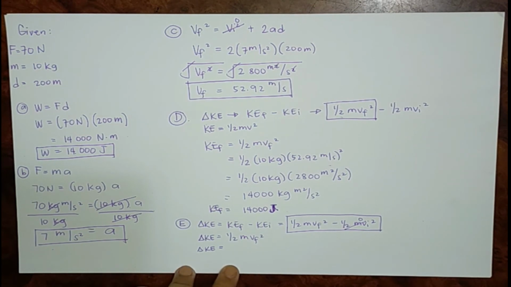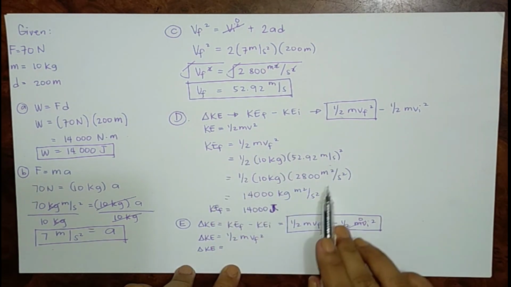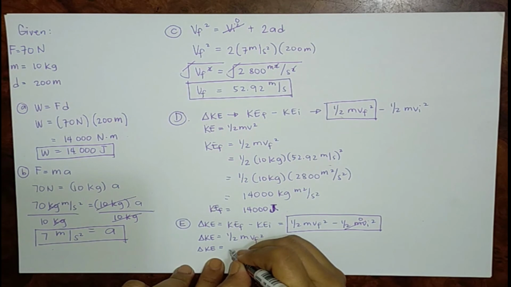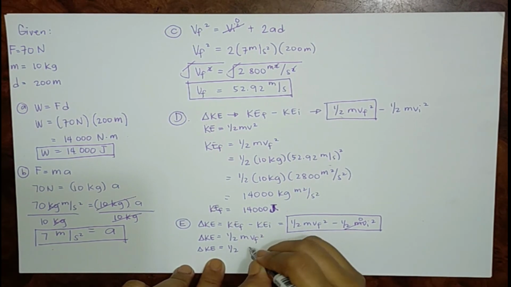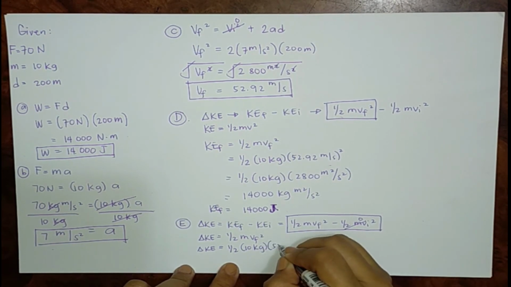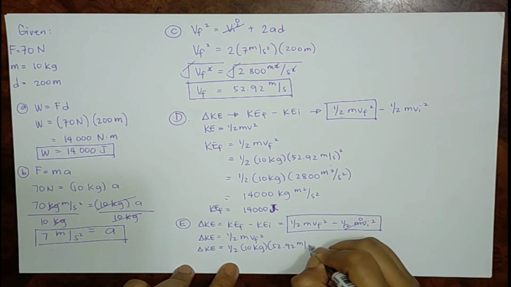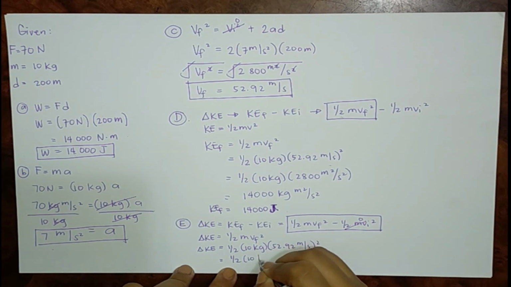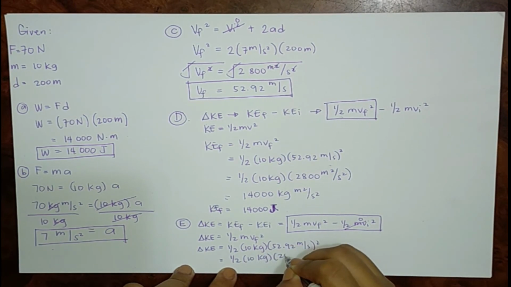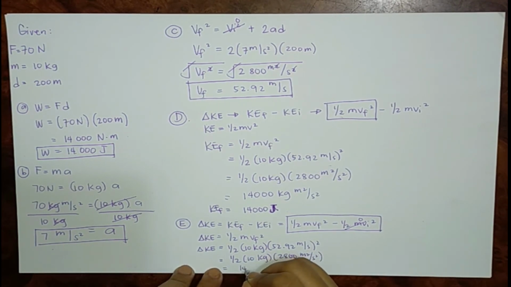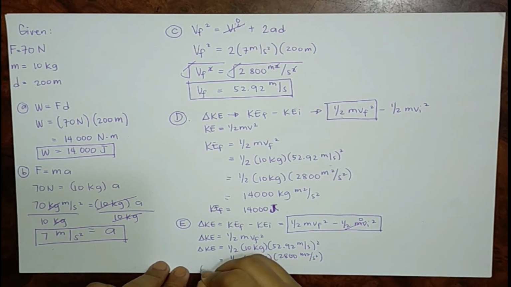Just like what we did on letter D, we're just going to copy it here for letter E. Just plug in the values in the equation. This is now for the delta KE.